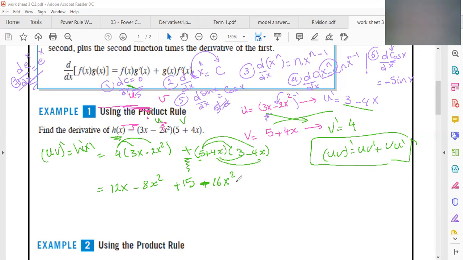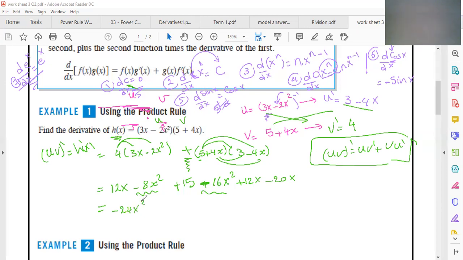Okay, it will be 12x, extremes, negative 20x. Clear or not clear? Again, it will be 15, 12x, negative 20x. Add the like terms: the quadratic terms, it will be negative 24x squared.